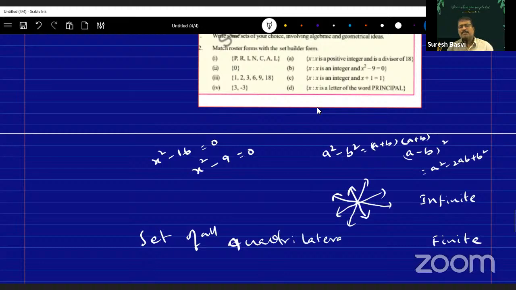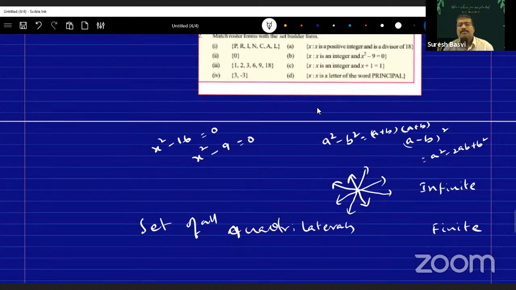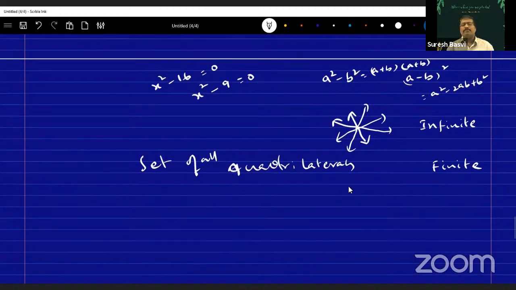Quadrilaterals are a finite set, because we know that the first quadrilateral is the trapezium, the second is the parallelogram, the third is the rhombus.